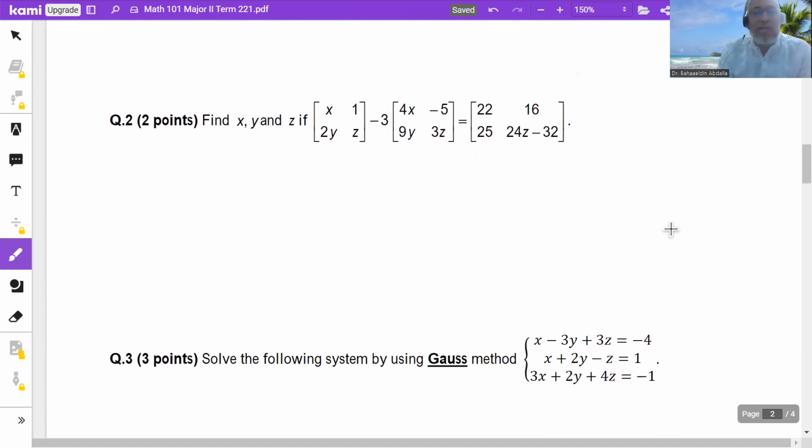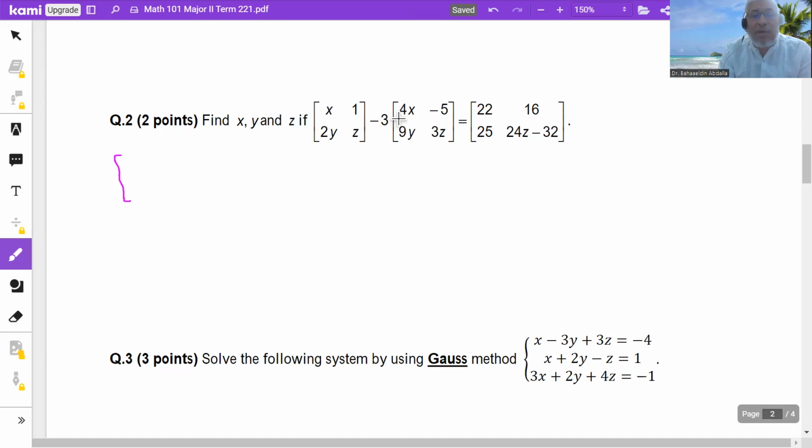Find x, y, and z if you have this matrix equation. Well, for matrix equations, for two matrices to be equal, we first need to subtract these two matrices in the left-hand side. So I will have x minus 3 times 4x.